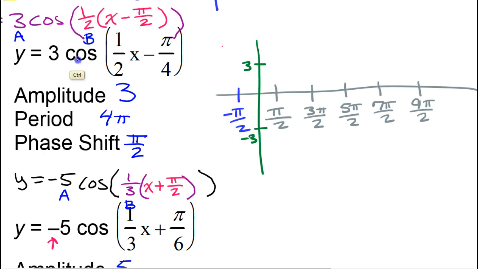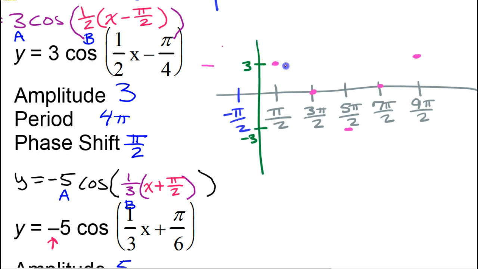This is a cosine function. That means it starts at the high value. So I'm not starting on the y-axis. Remember, we start at the phase shift. So I'm starting at pi over 2. But I will start off high, and then the cosine function goes to the midline, and then it falls to its lowest value, and then back to the midline, and then it ends at its highest value.